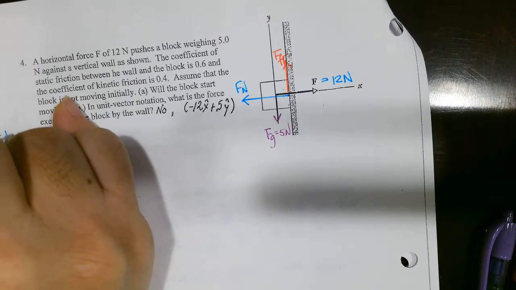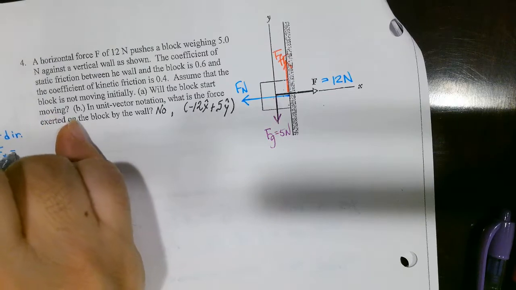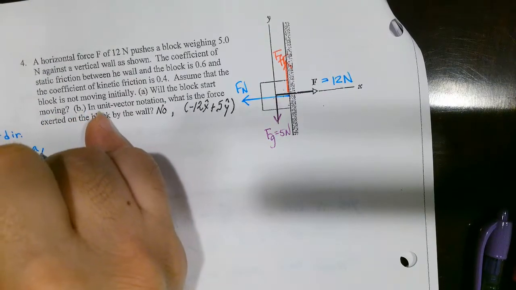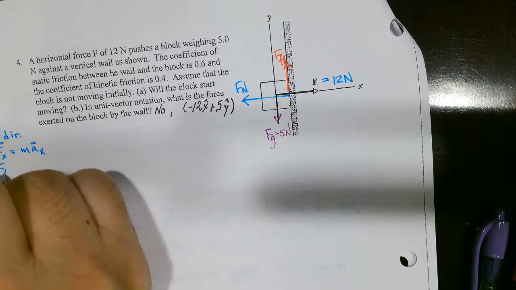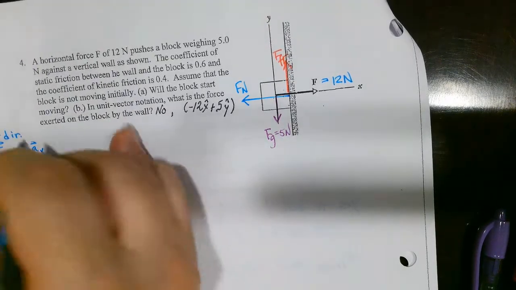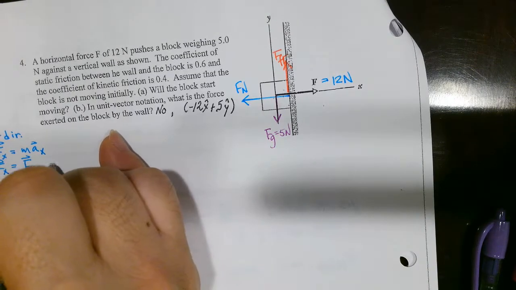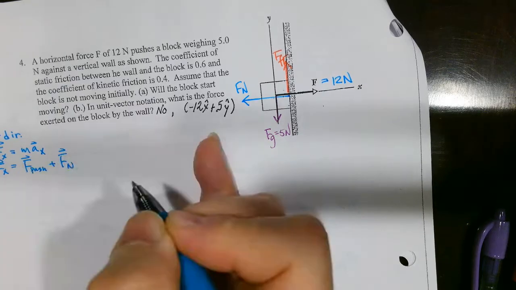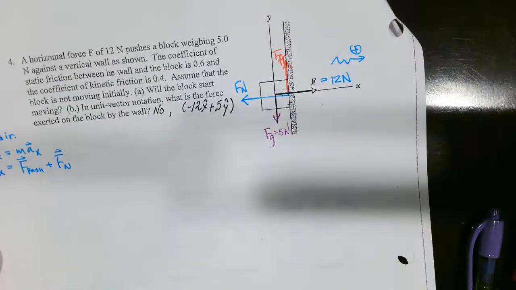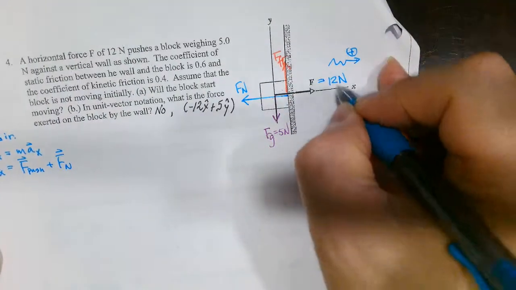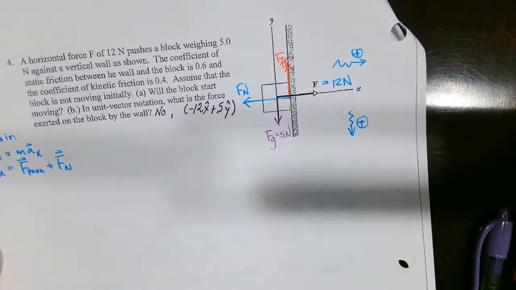For the x direction, the sum of all forces in x is equal to max, but ax is 0. I'm going to consider this direction to be positive, and down to be positive. Is that okay?